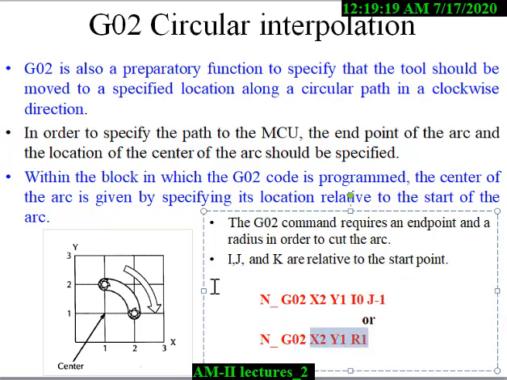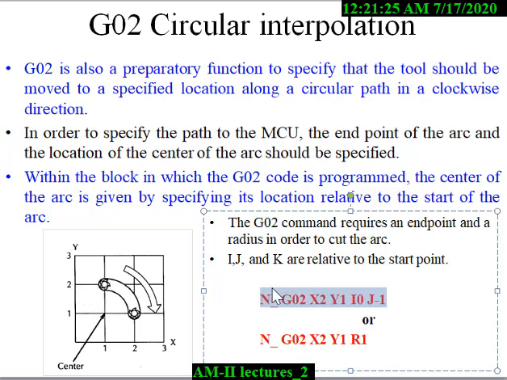So in the first case, N will be the sequence number, then G02 will be required for circular interpolation in a clockwise direction, then X2 and Y1 is the final position of this arc. In the previous line of this code, that will be the initial position of X and Y, so that initial position will be X1 and Y2.